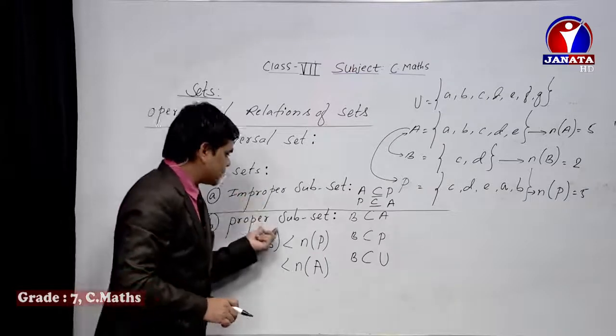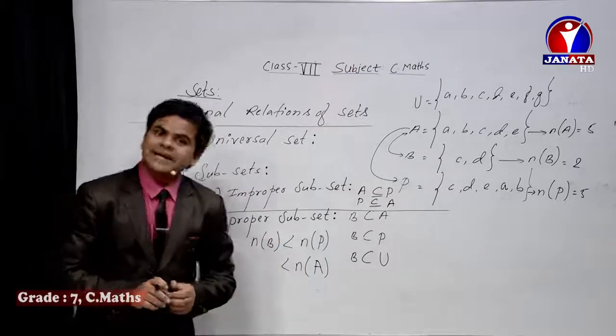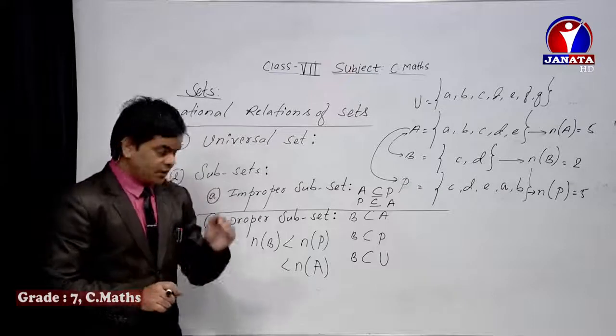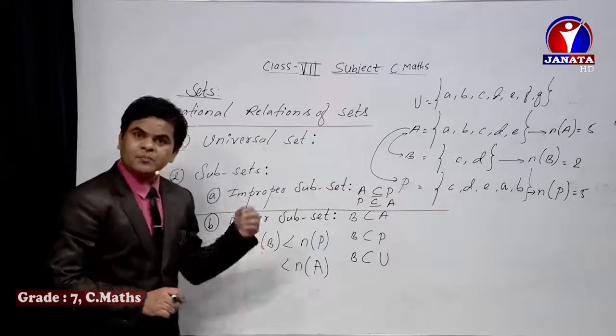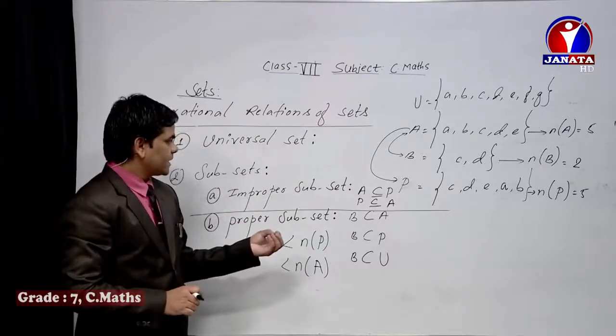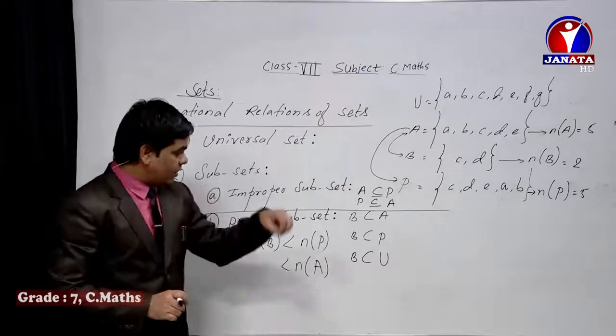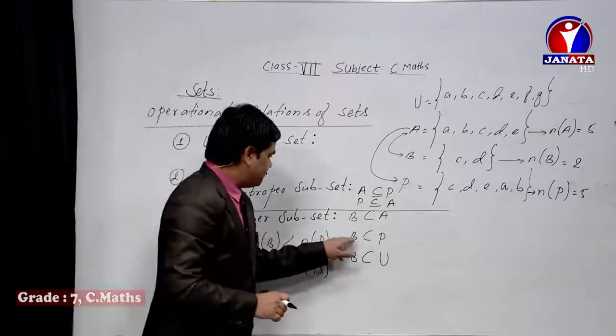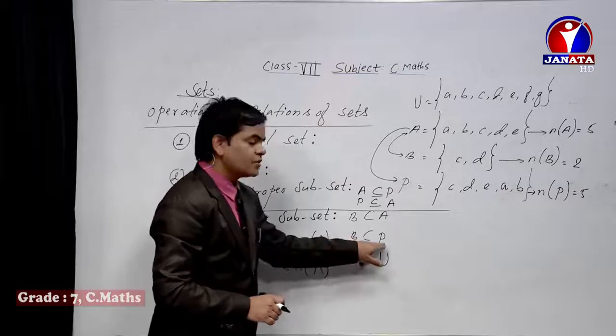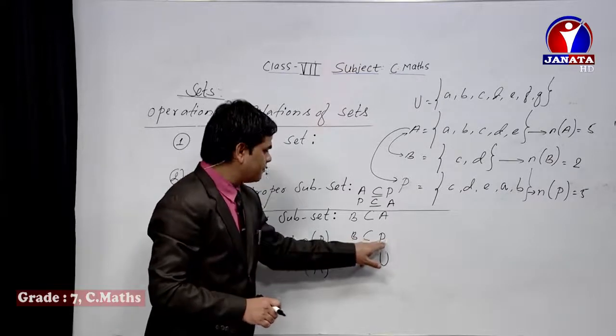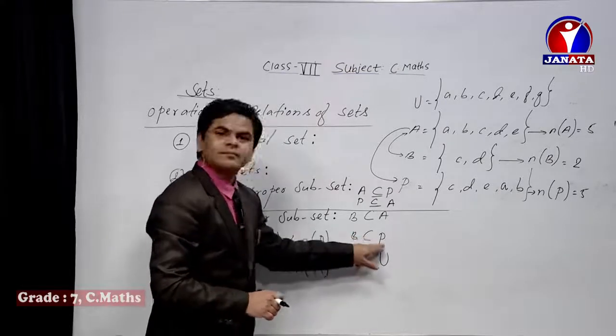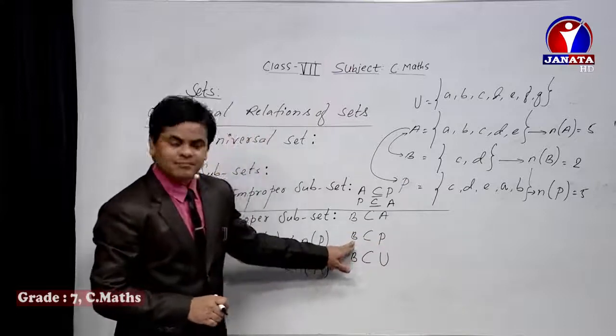In case of proper subset, the elements won't be equal to each other, but the elements of the proper subset are extracted from a set. That means B's elements are also found in P, but all elements of P may not be found in B set.